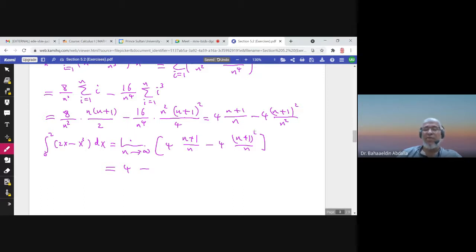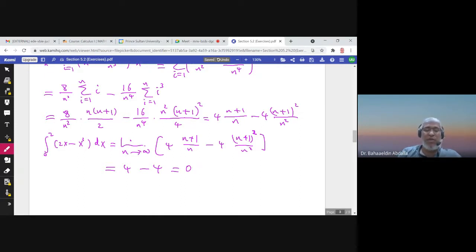And the limit of this is also 1 because the highest power in the numerator is n squared, and the highest power in the denominator is also n squared. n squared over n squared is 1, so it's 4 minus 4, and the answer is 0.